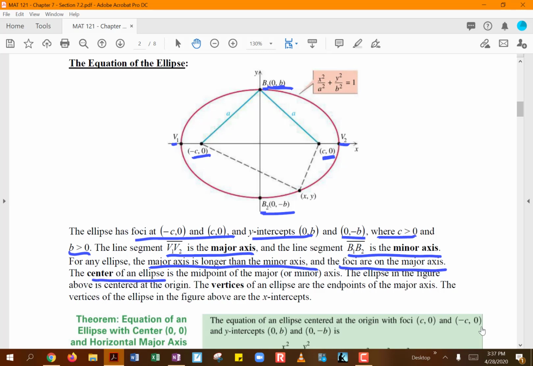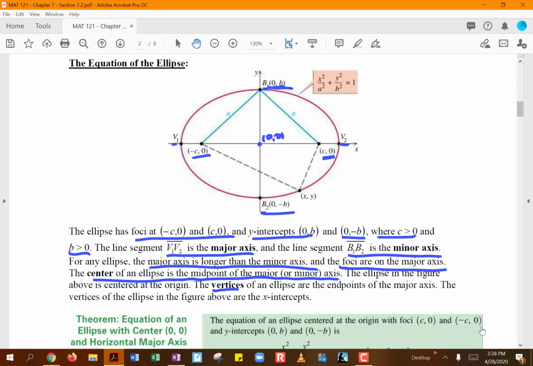The center of your ellipse is going to be the midpoint of the major axis or the minor axis. So of course, you can see this here will be the center of our ellipse. And in this case, that happens to be at the origin, because this point would be our origin at (0, 0).